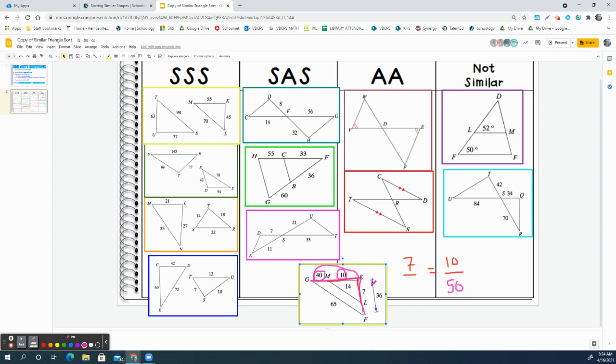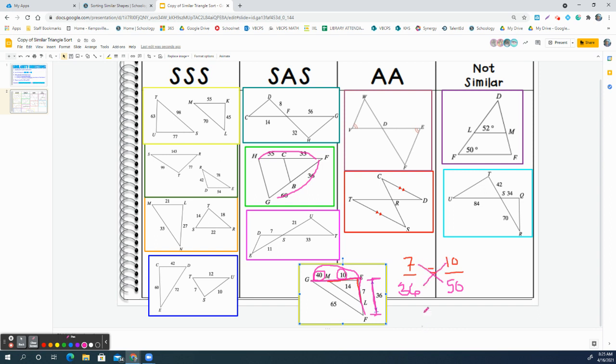And over here, this whole side is 36. And it's questions like this that make me add that whole piece up. Okay, you're given this whole piece, so you have to use the whole piece over here. And that's the hardest one.